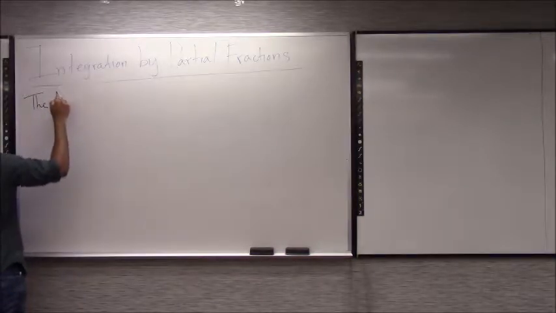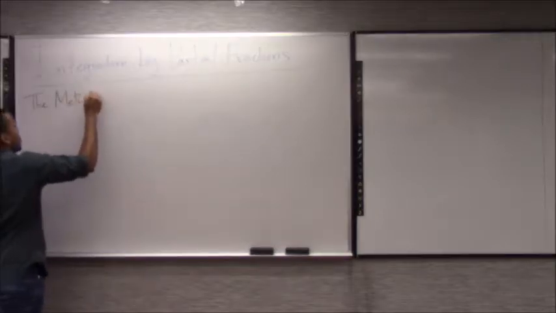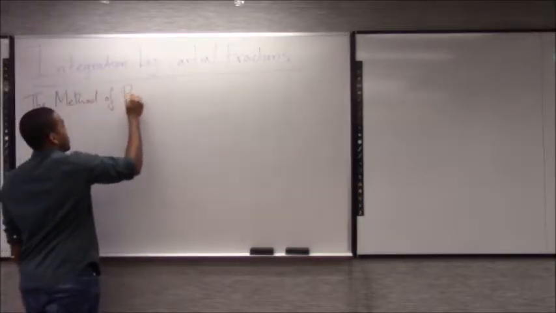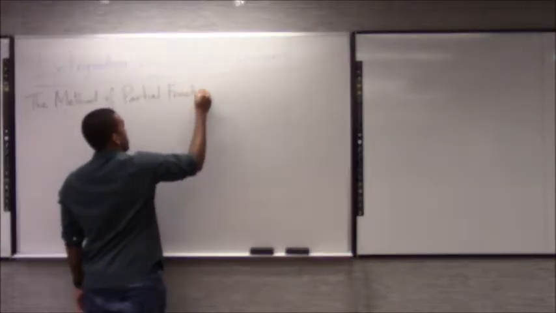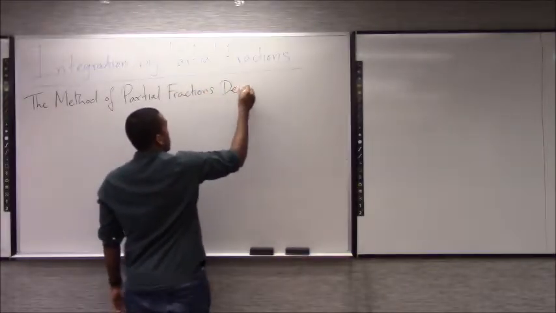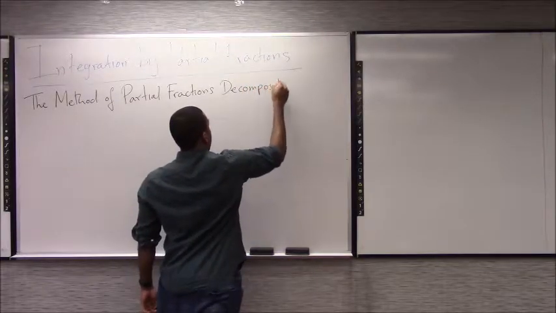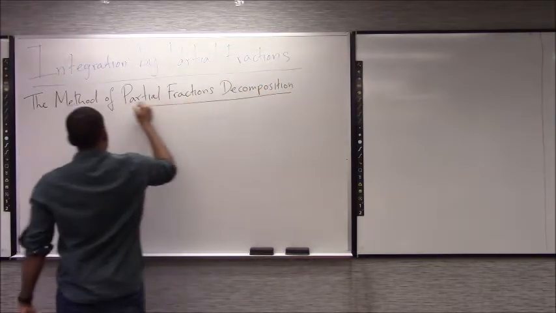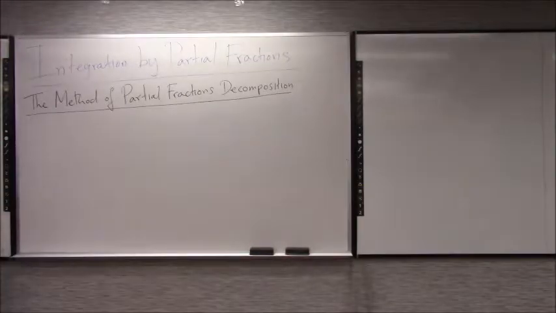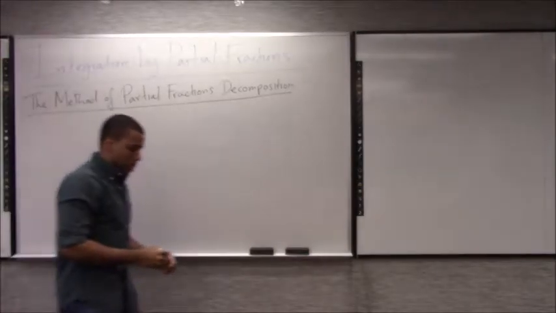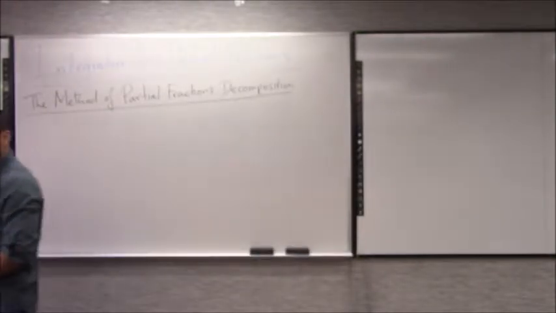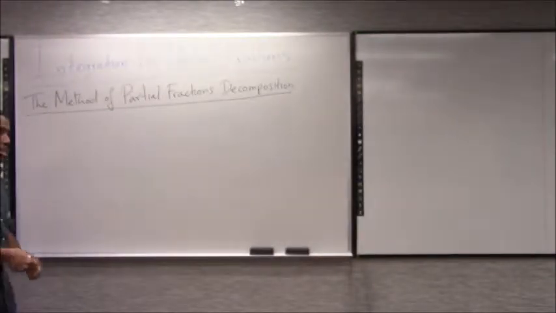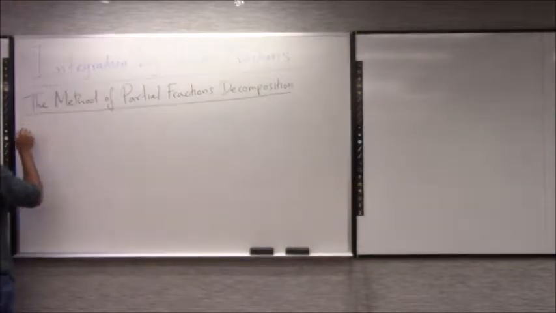So here's the thing. In step 1, for this method to even work, the powers in the numerator and the denominator have to have a certain relationship to each other. So step one.